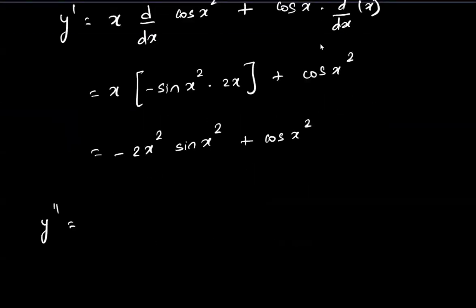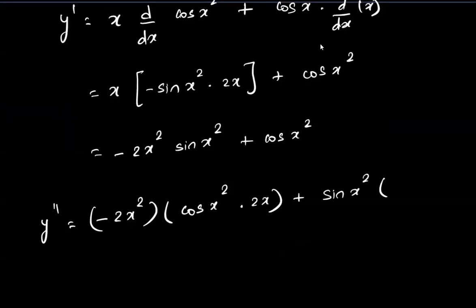Now the second derivative will be, do this product. So negative 2x squared times the derivative of sine x squared, which will be cosine x squared times 2x, plus keep the sine x squared and take the derivative of negative 2x squared, which is negative 4x, plus the derivative of cosine x squared, which will be negative sine x squared times 2x.